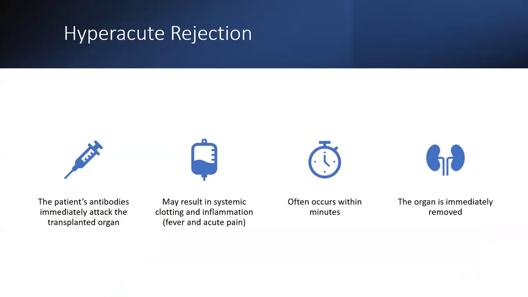One way that the body will try and attack the organ is through creation of clots. And in creating clots everywhere, it stops the blood supply to that organ. It's the body's way of killing that organ. There is really nothing that we can do to treat this. So, we literally remove the organ immediately.